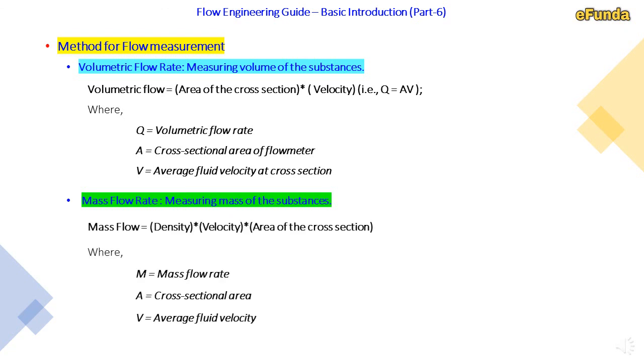In mass flow rate, density is multiplied by the velocity and again that is multiplied with the area of the cross section. Basically, these are the two equations used primarily for the flow measurement method, and these flow measurement methods will be covered in the next series of videos.